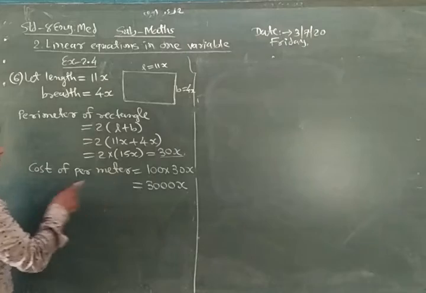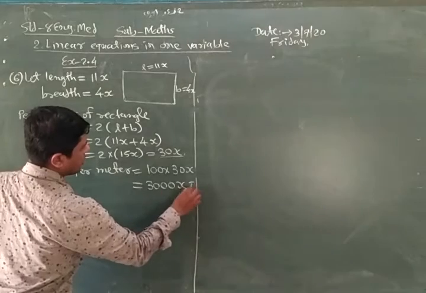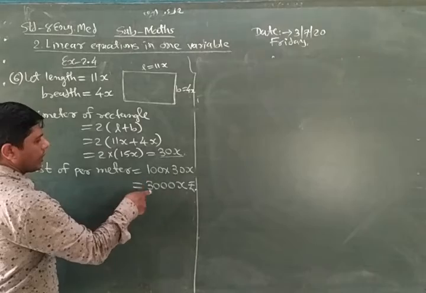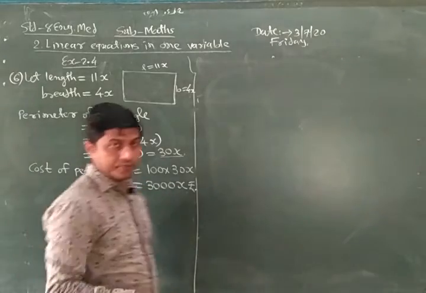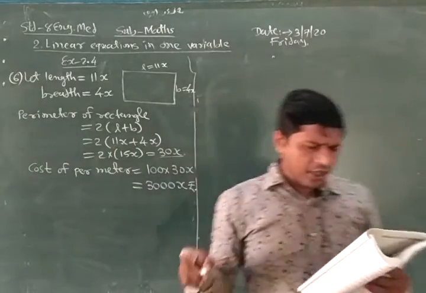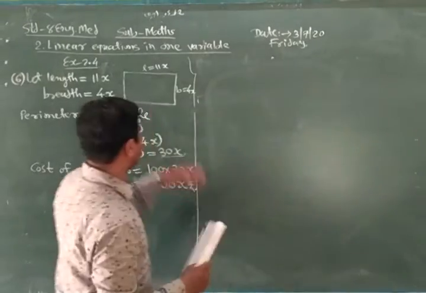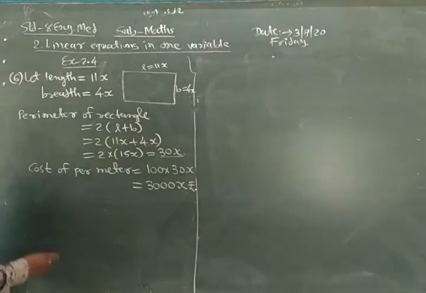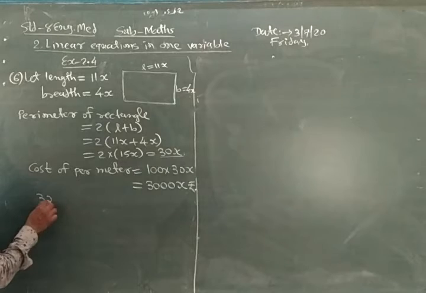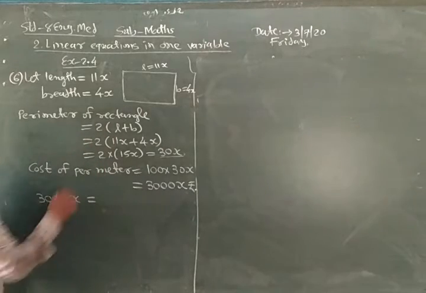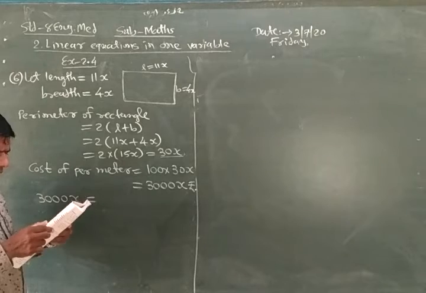This is the total cost in rupees. Total cost is ₹3000x. And here the Panchayat's amount is given as 75,000. Both are the same, so compare: 3000x is equal to the total given value, 75,000.